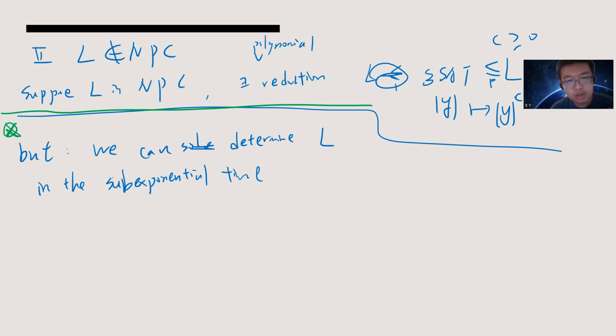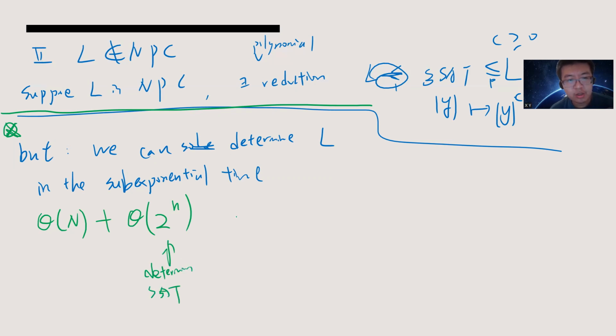Okay, so how can one determine L? It's very simple. You first spend O(n), and then you can spend 2 to the N to brute force determine 3Z.